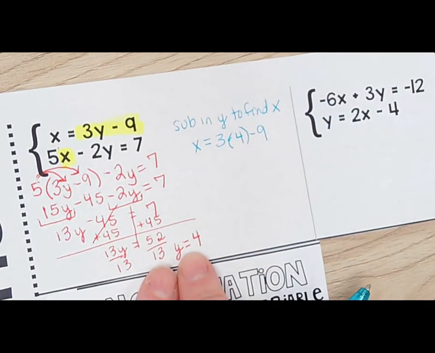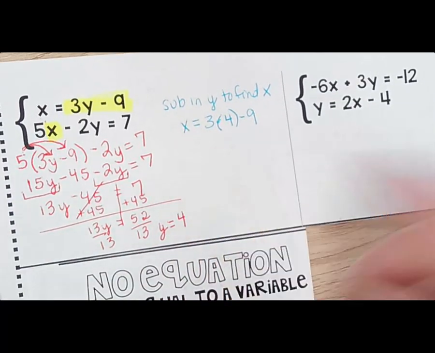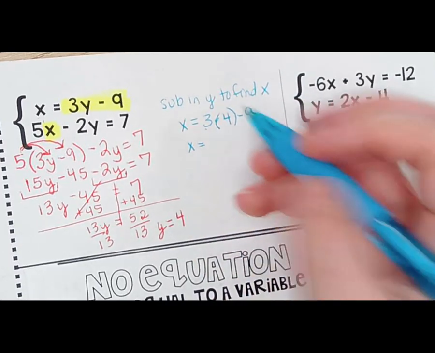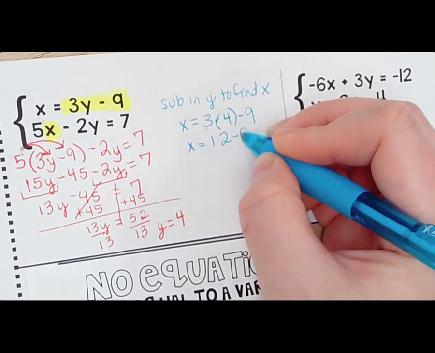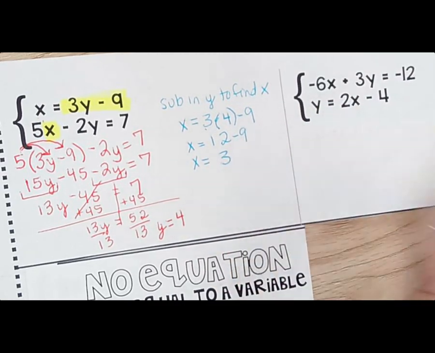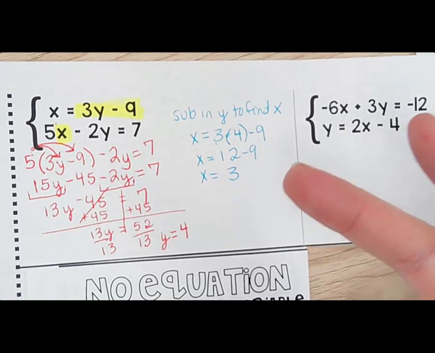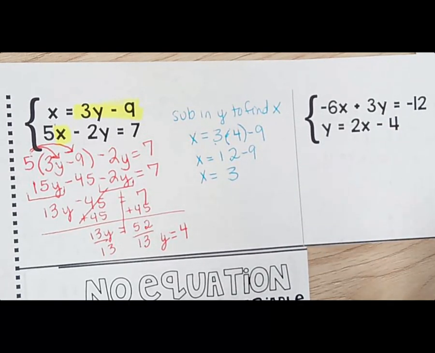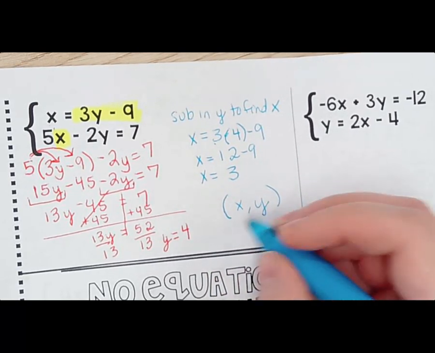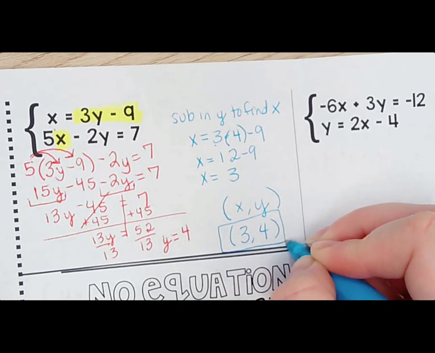Because we found that y equals 4, so I'm already plugging that in here. So then x equals 3 times 4, 12, minus 9, 3. Yeah. So we found what x and y equal. So now we plug that into just coordinates, x comma y. So it's 3, 4 is the solution to this system.